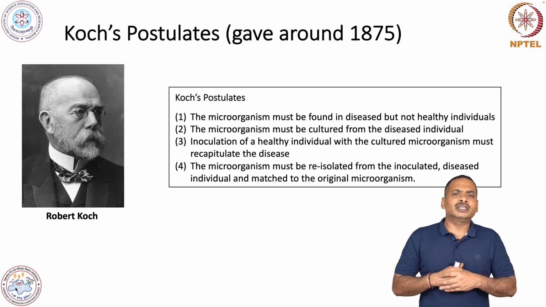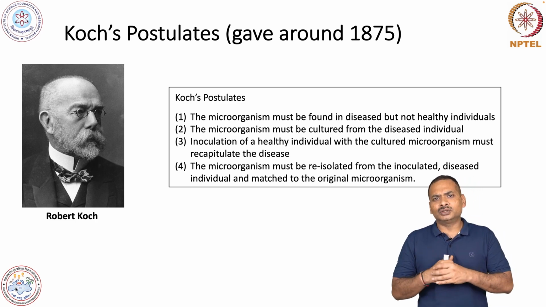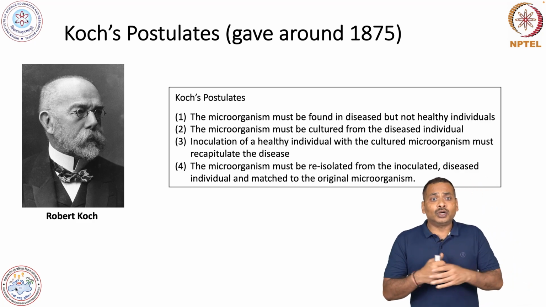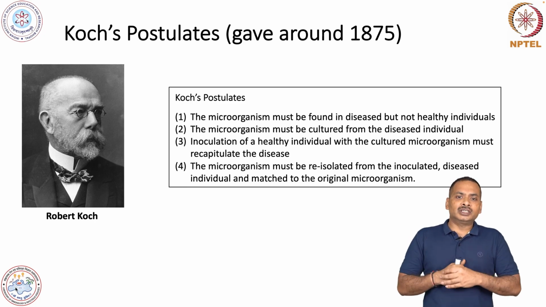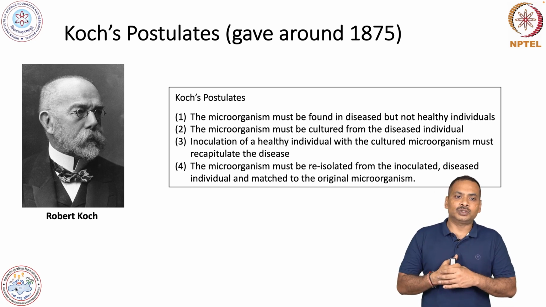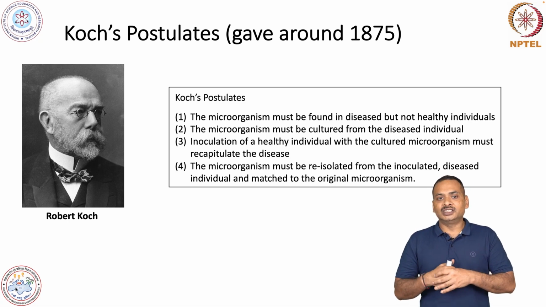We also call this the Koch postulate, or germ theory. As you can see in this slide, the first postulate is that the microorganism must be found in diseased but not in healthy individuals. Second, the microorganism must be cultured from the diseased individual.